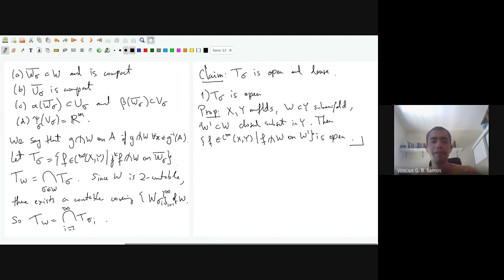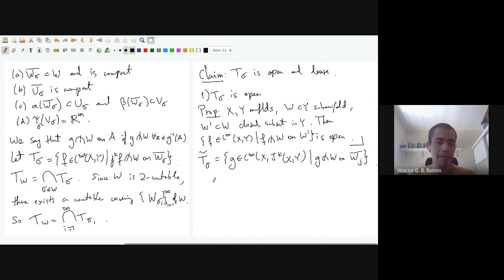So to show that T sigma is open, I'm going to define a T sigma tilde, which is the set of functions G, because now I don't want my W's in Y, but in the jet space, so I need a slightly adapted proposition. So I'm going to look at T sigma tilde, the set of functions from X with values in the kth jet bundle, such that G is transverse to W on W sigma bar.